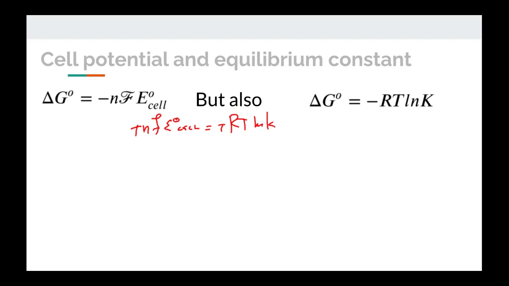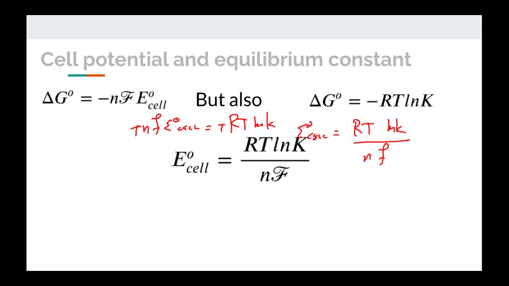And let's solve this for standard cell potential. So standard cell potential is R times T times the natural log of K divided by number of moles times Faraday's constant, if we divide both sides by number of moles times Faraday's constant. So that's a relationship that gives us a standard cell potential.